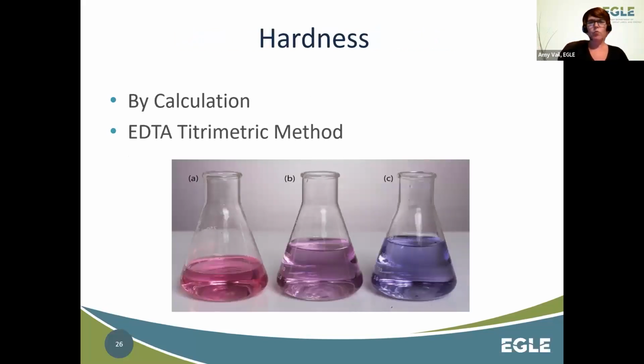Hardness, really there's not much to talk about with hardness. There's two ways to do it. One's by calculation, which most of us don't do because you need an atomic absorption spectroscopy machine. The other one is by titrating with EDTA. So again, another titration method. It usually goes from this pink to a purple to the blue as a final stage.